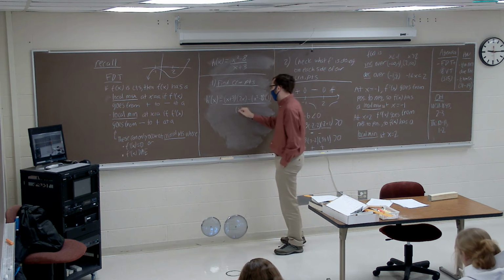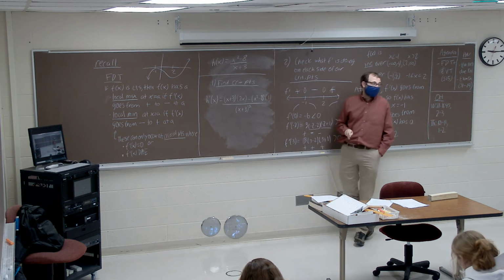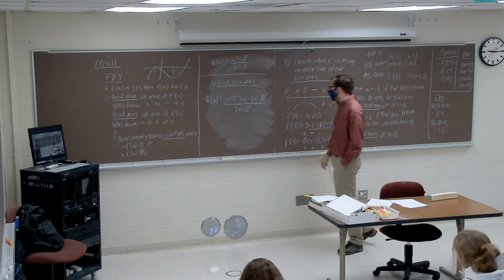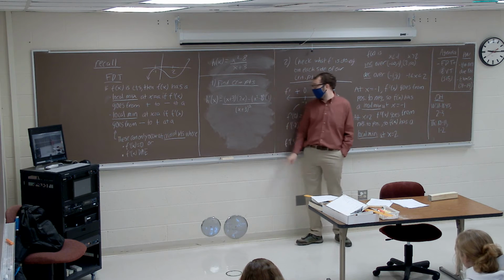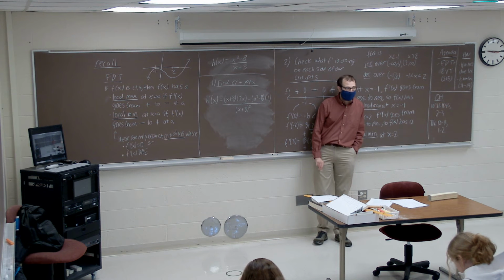Merrily. Low squared down below. So I get x plus 3 times 2x minus the quantity x squared minus 8 times 1, all over x plus 3 quantity squared.